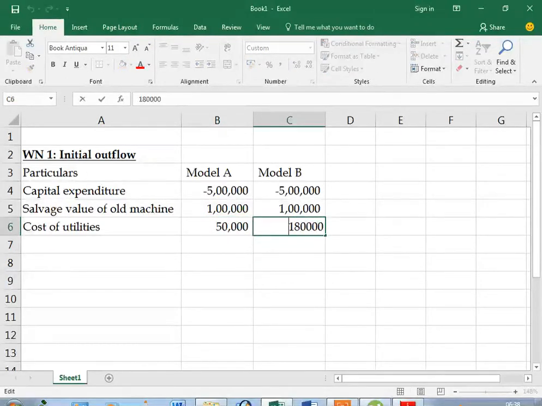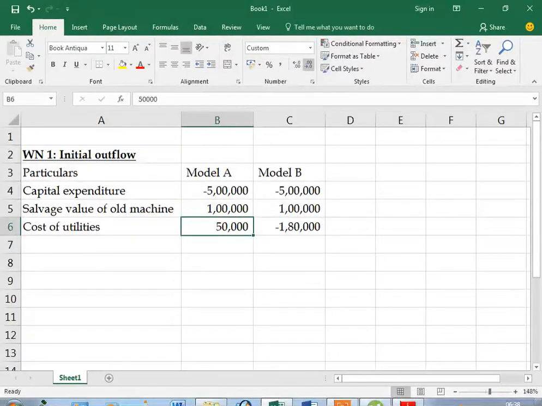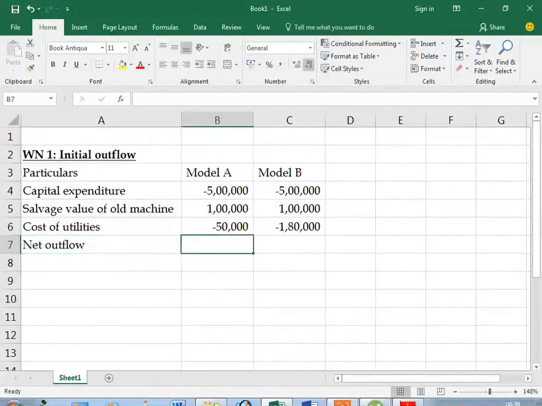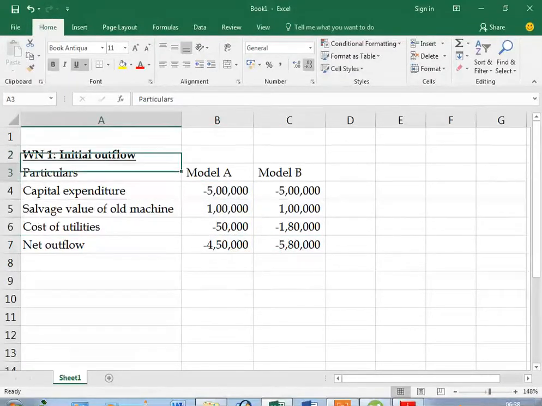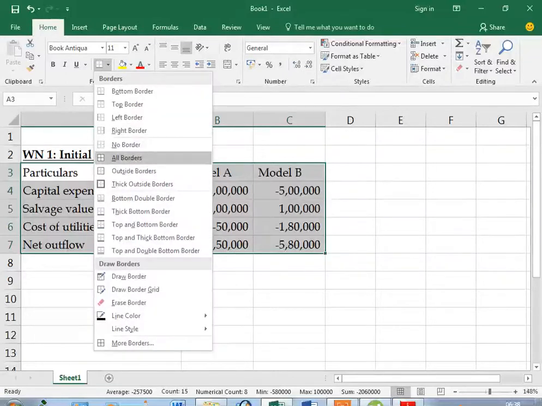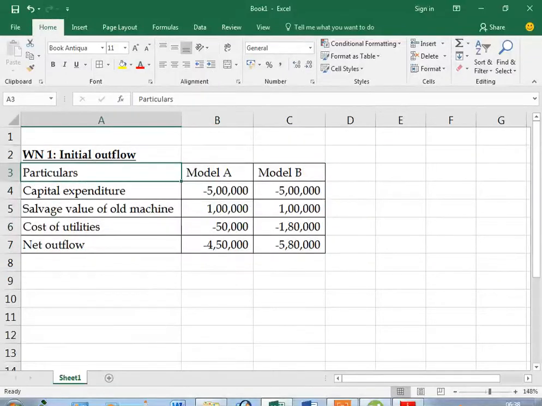Both are outflows. Net outflow. The net outflow for the machines is 4,50,000 and 5,80,000.